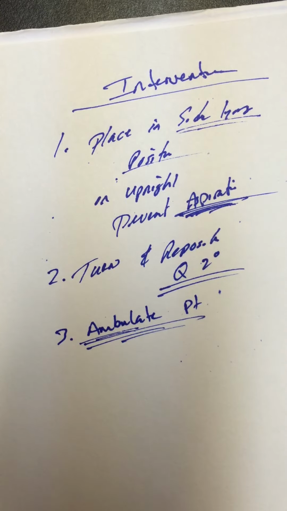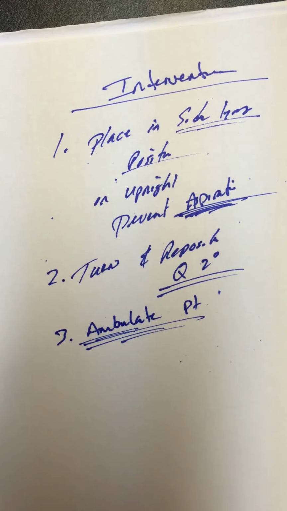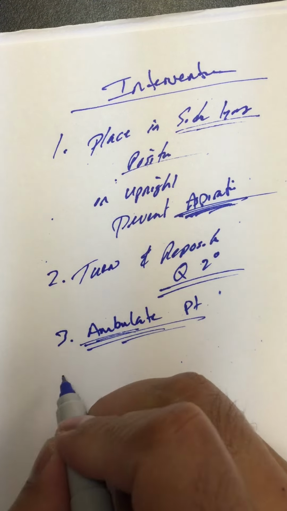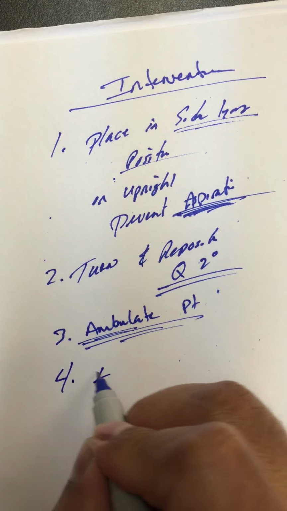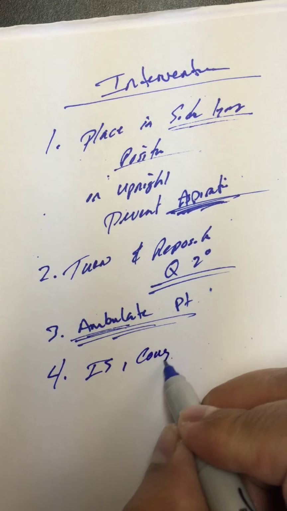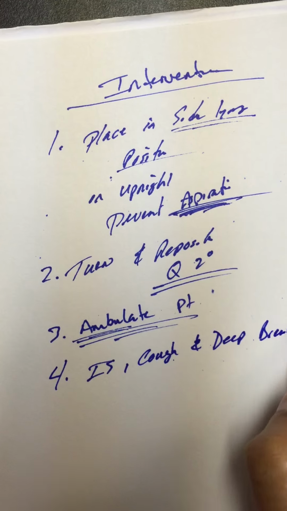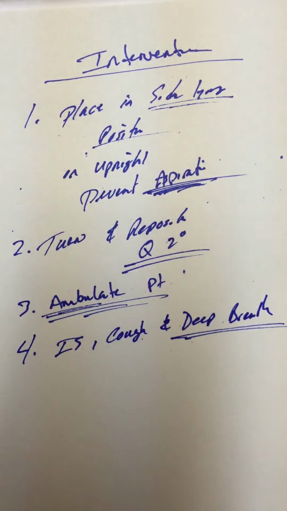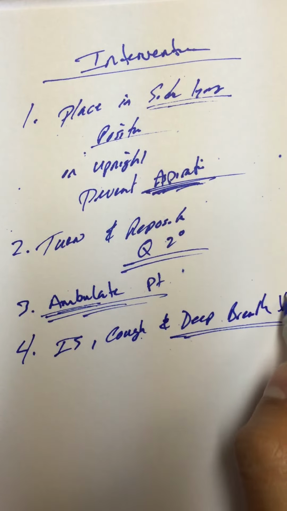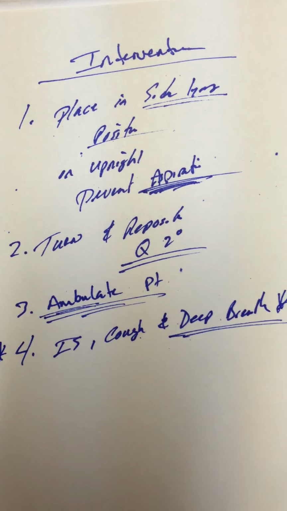Again, you're trying to prevent atelectasis, or a collapsing of those small alveoli. So you will also encourage IS. You'll tell them to cough and deep breathe. This is very important, again, especially with post-op patients, post-intubation patients.